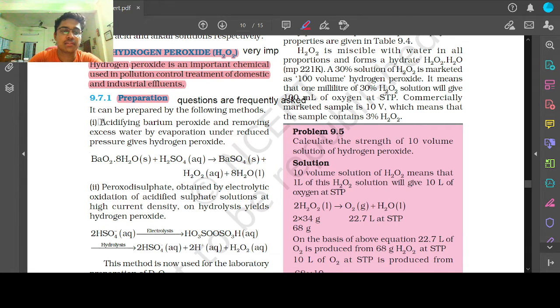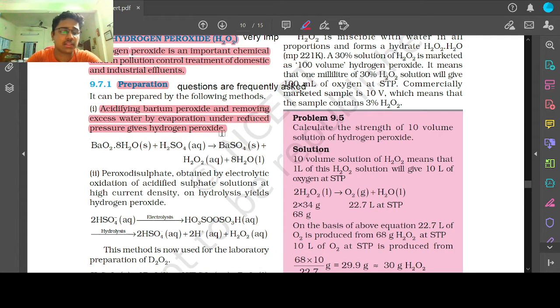So the first method of preparing is acidifying barium peroxide and removing excess water by evaporation under reduced pressure, which gives hydrogen peroxide. Okay, this might come in a board.